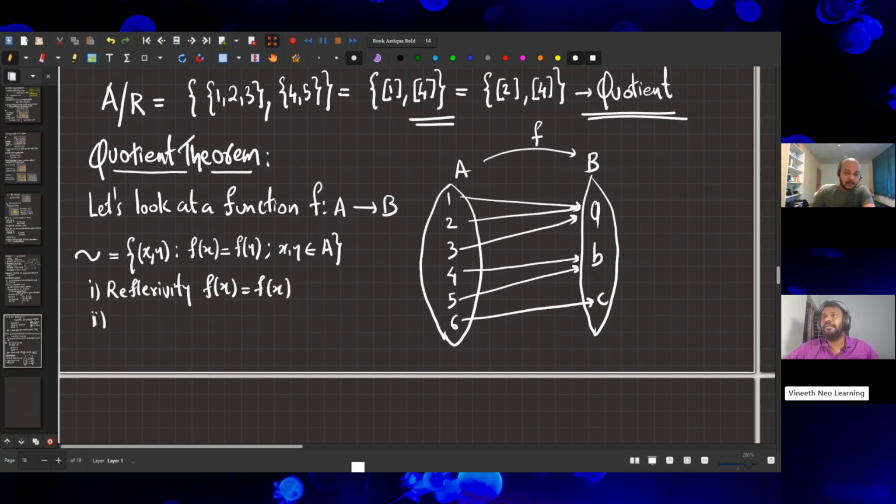Then symmetry: if f(x) equals f(y), then f(y) also equals f(x). Then finally we can say transitivity.